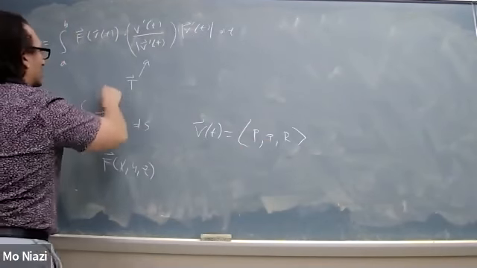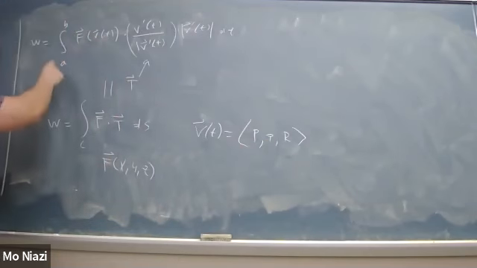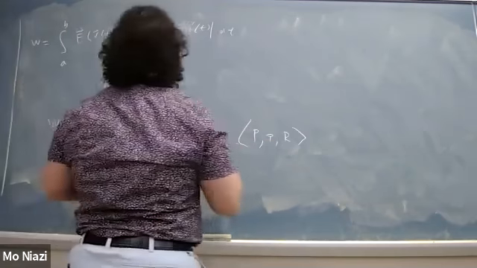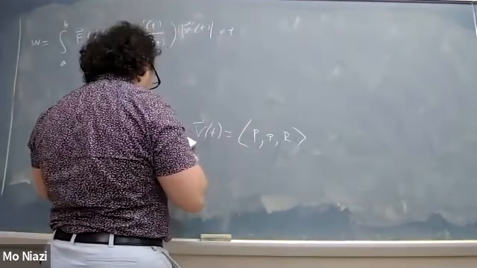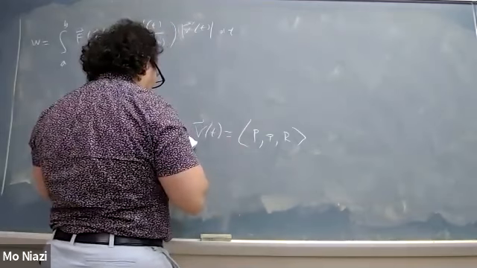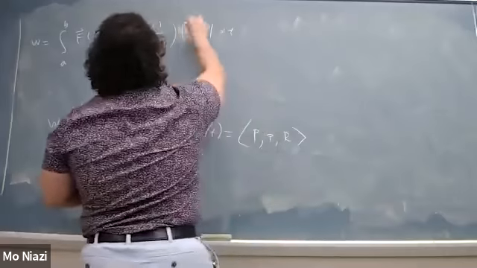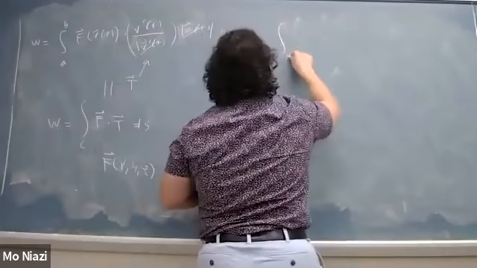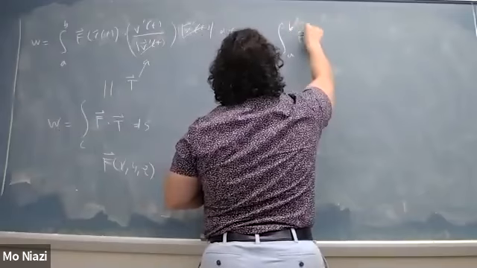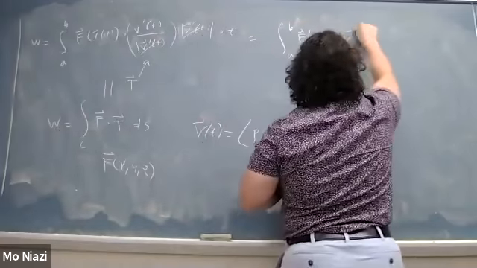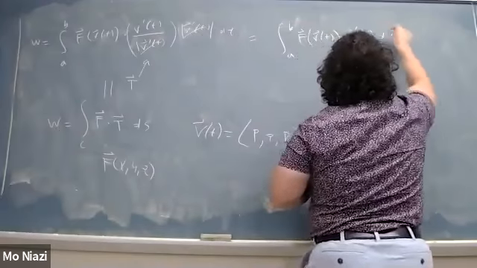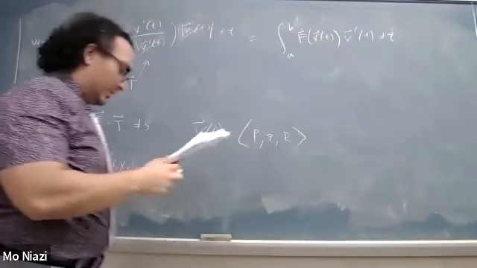These are just equivalent expressions, where a and b tell you what the parameter space is. Once we have that, when you cancel these, it breaks down to just this. That's how we can compute the work.